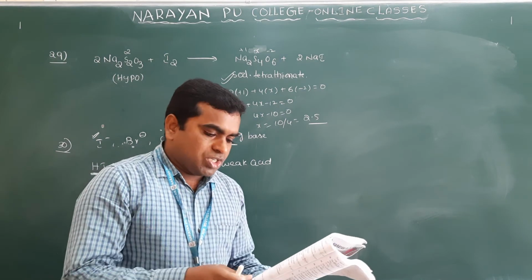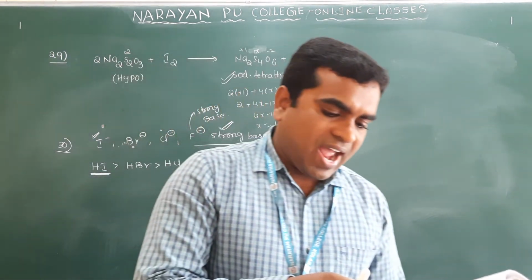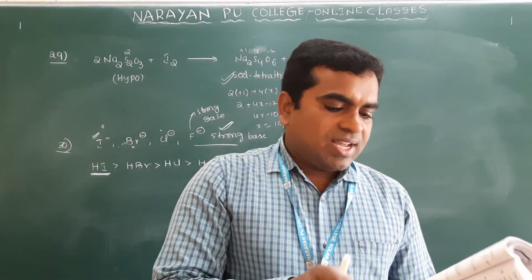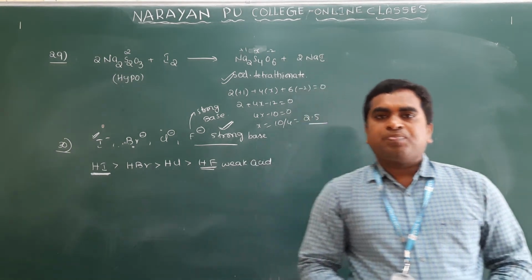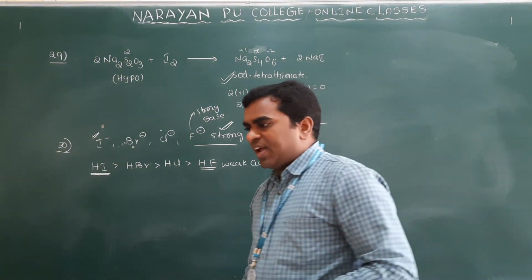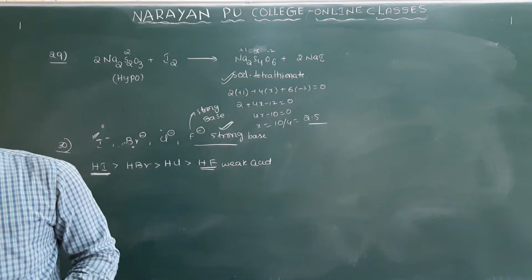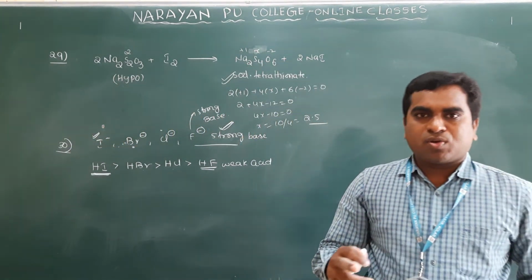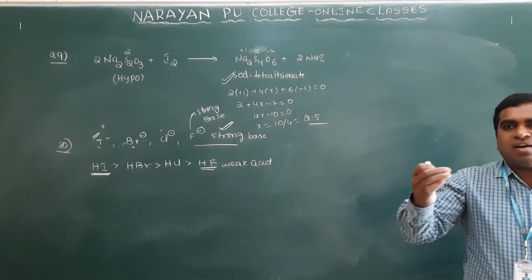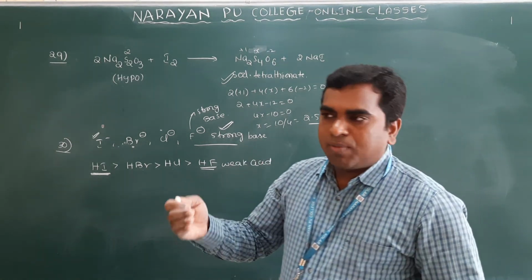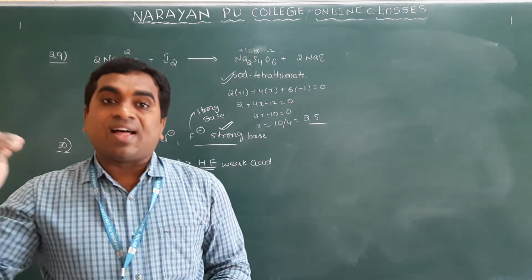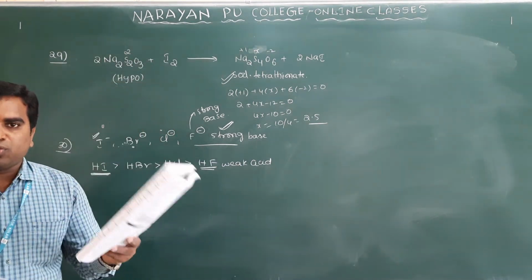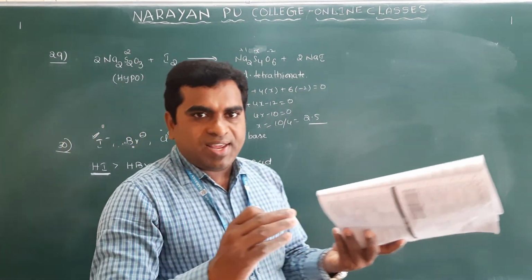Next one, 32. Which of the following halogens has the greatest electron affinity? Electron affinity, electron gain enthalpy. So which one will have the highest? Fluorine or chlorine? I already mentioned, very important question. Chlorine will have the higher electron gain enthalpy or electron affinity than fluorine, because fluorine is small in size.